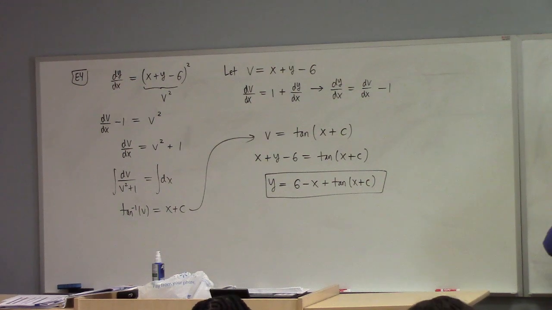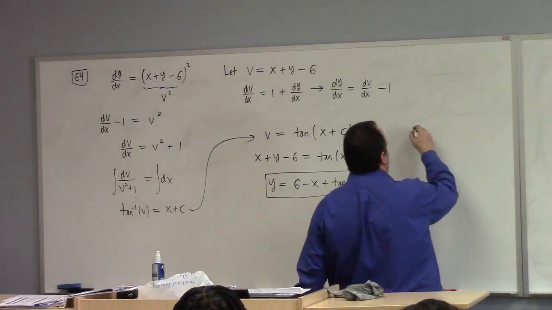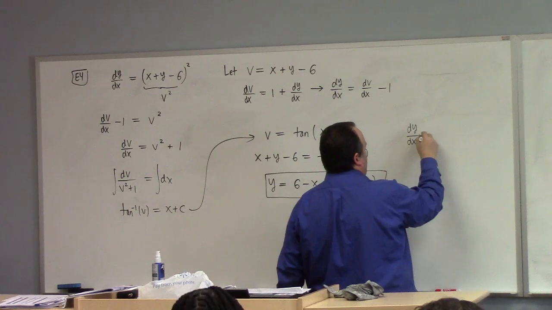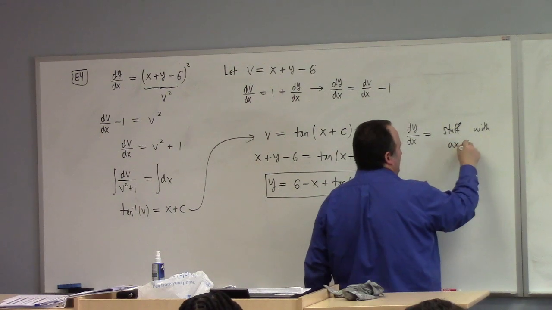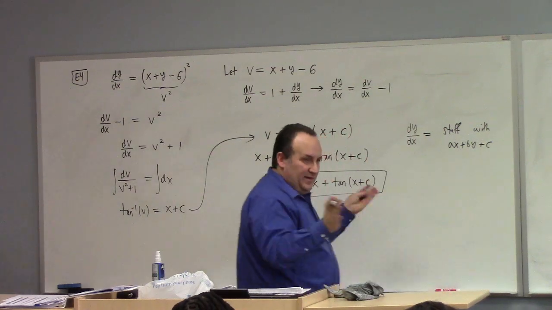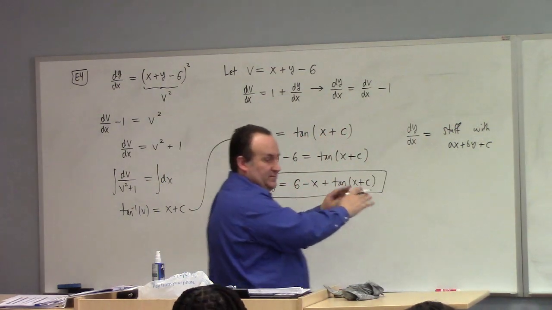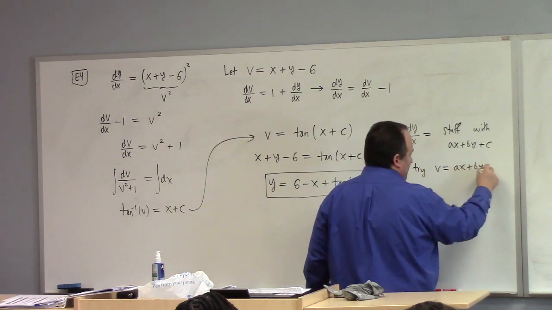So, as a general point of order, anytime you've got a differential equation where dy dx equals stuff with something like ax plus by plus c, that pattern, maybe you can solve that with a v equals ax plus by plus c substitution, right?